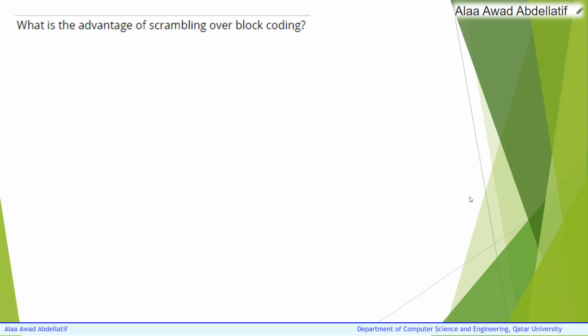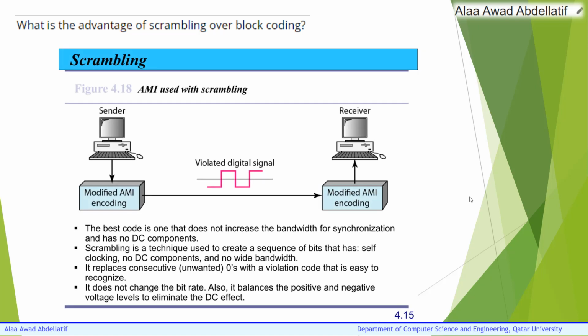Yes, exactly. In block coding we replace each n bits by n bits, so I'm increasing the number of bits. But in scrambling, I change 8 zeros with 8 bits or 4 zeros with another 4 bits. So scrambling does not increase the bit rate.